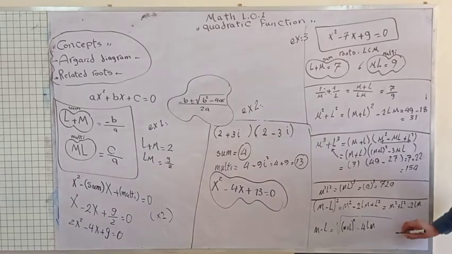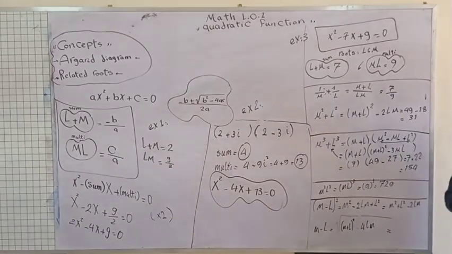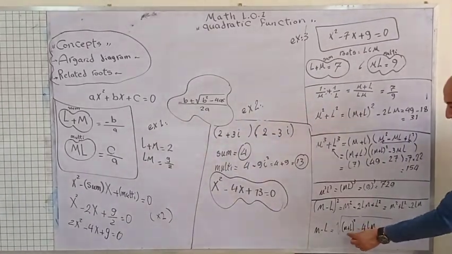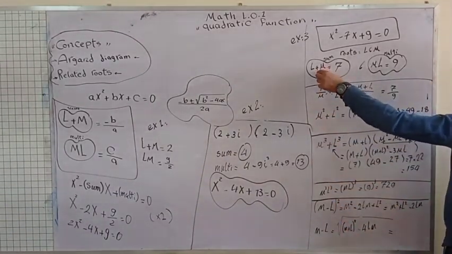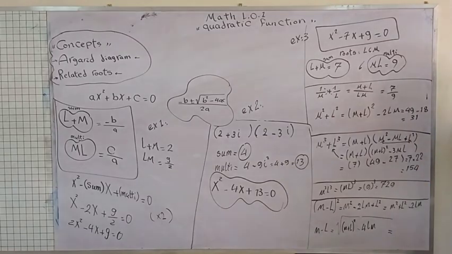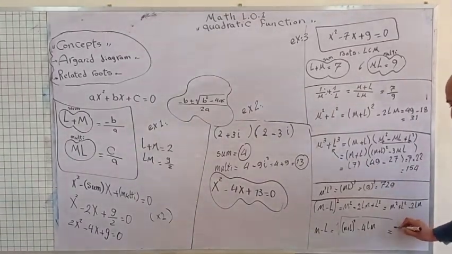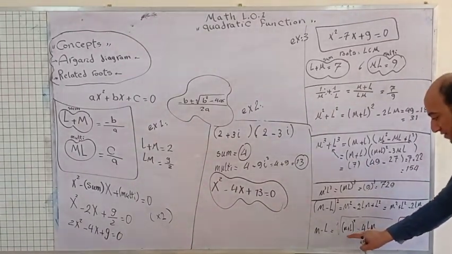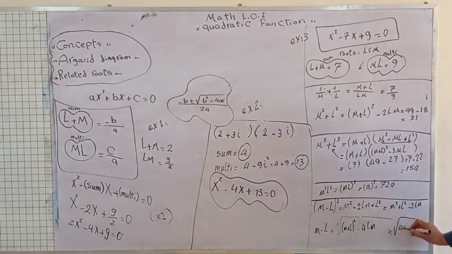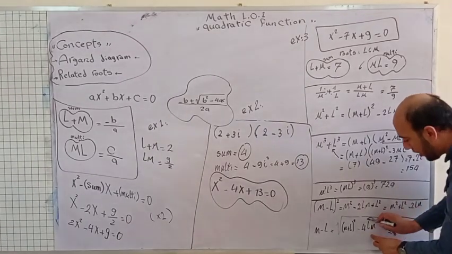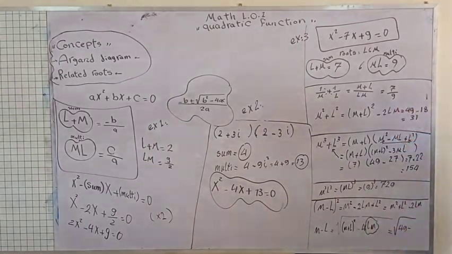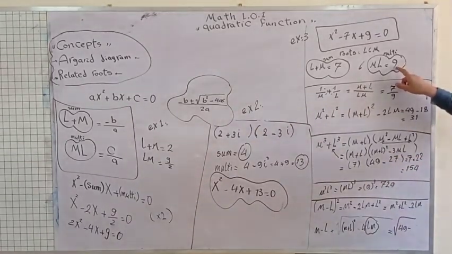How can we get the final value? m plus l has the value 7. Then the square root of 7 square, which equals 49, minus 4lm. And we know the product of l times m equals 9.